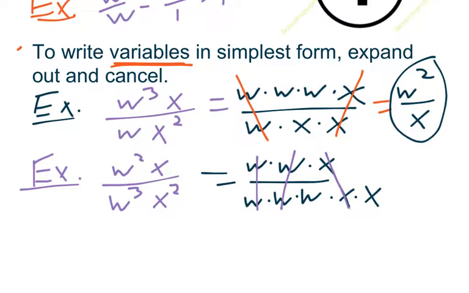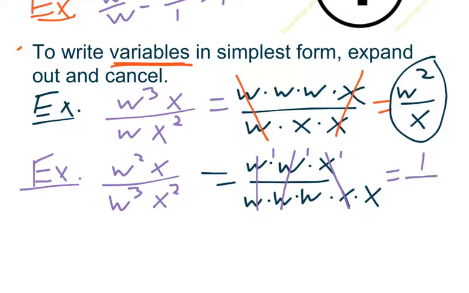So it's tempting to want to write this and say, well, nothing's on top, so I have 0. But don't forget what this means. These are really 1's that we can write in. So it's really 1 times 1 times 1 is what's left on top. And 1 times 1 times 1 is 1.